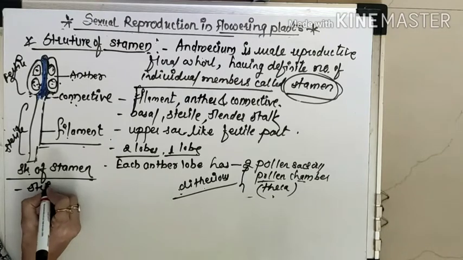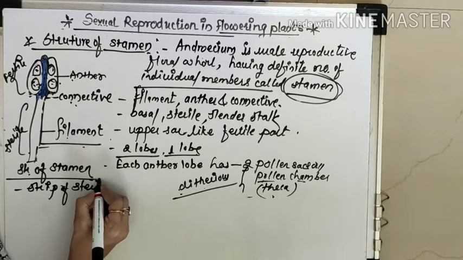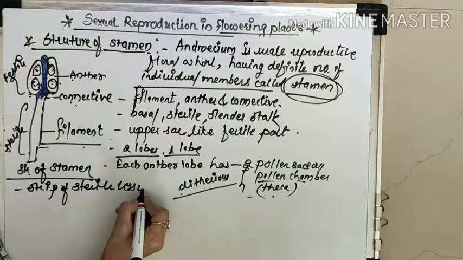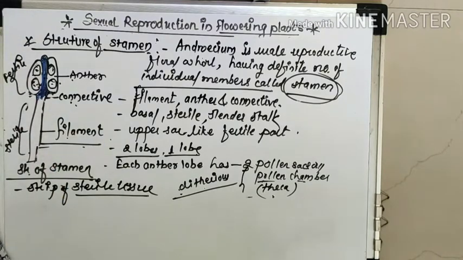It is a strip of sterile tissue, and this sterile tissue helps to join the two anther lobes.